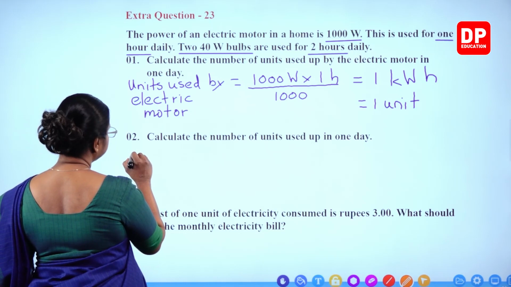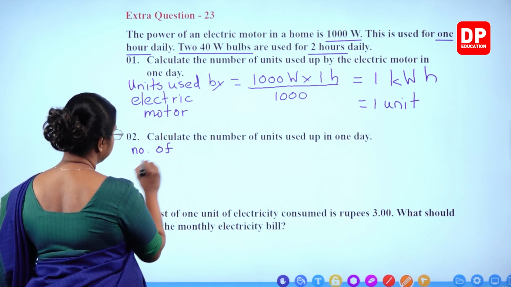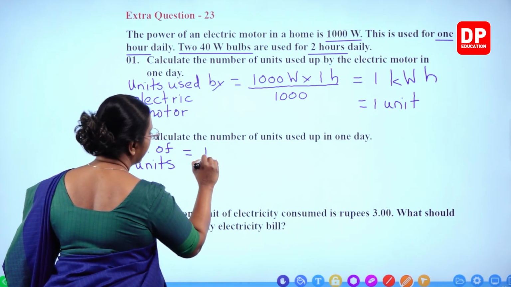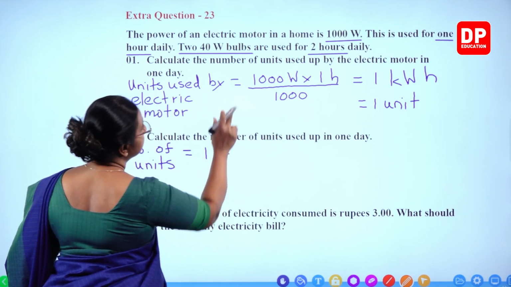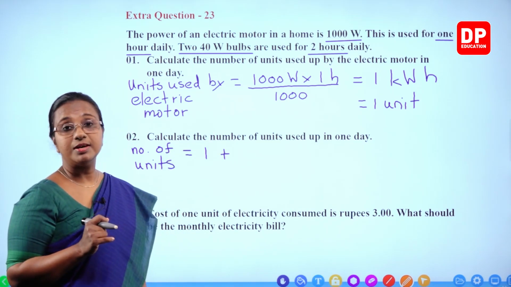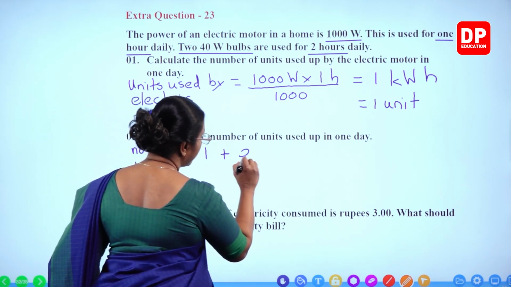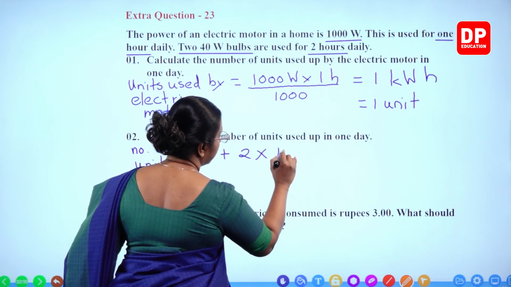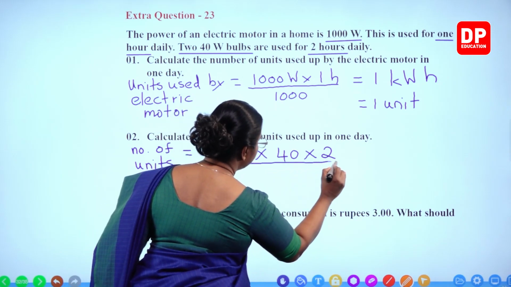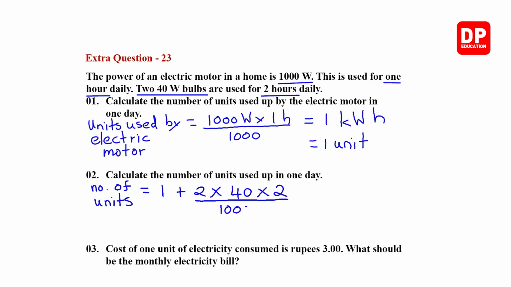So here, number of units is equal to what? 1 plus, there are 2 40 watt bulbs used for 2 hours daily, and we need to divide that by 1000 so that you get the number of units.